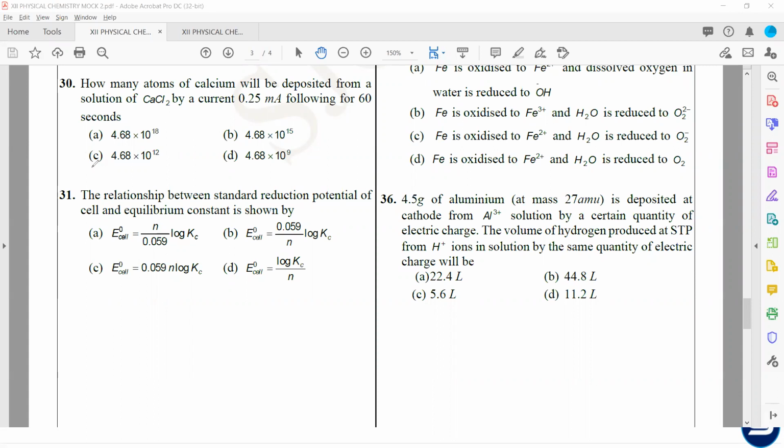If you follow Faraday's first law, number of moles is found out as I into T upon 96500, which can be taken as 1 lakh into the mole ratio. What is the mole ratio for calcium?